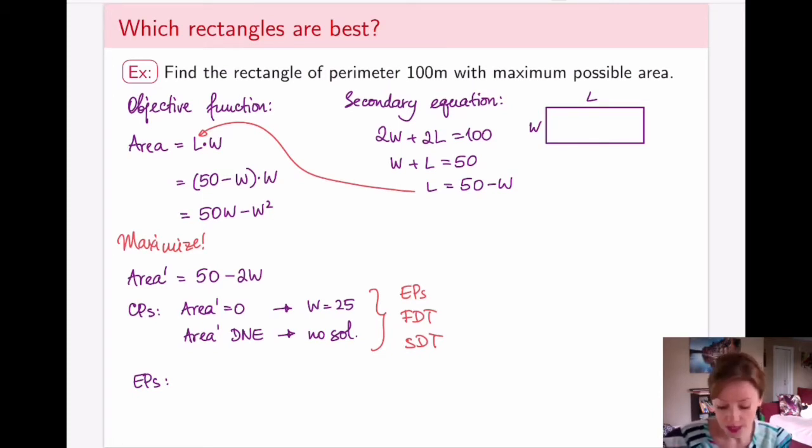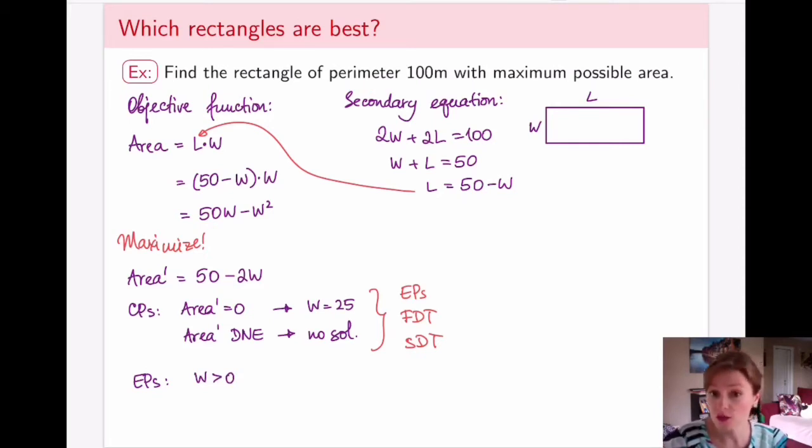You would then have to think about your variable here, which is W. What is the smallest and the largest that W can be given a constraint that all the way around your perimeter still has to be 100 and that you're trying to maximize the area, right? So the simplest thing I can say about W here is that it has to be greater than 0, but that doesn't give me the biggest value that the W can be, okay?